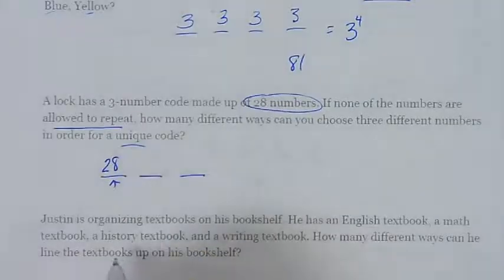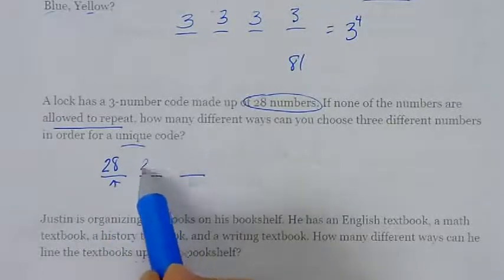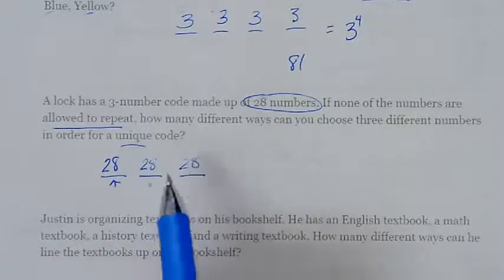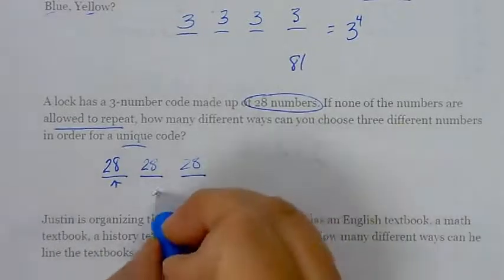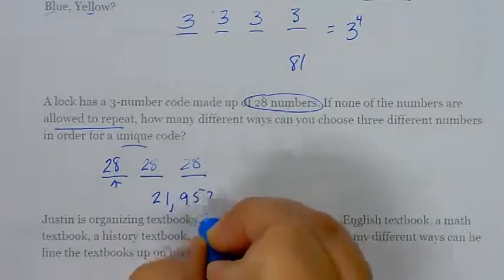It says that we can repeat the number, so that means I could put 28 numbers here or 28 numbers here. So I would just multiply that together. 28 times 28 times 28. So there are 21,952.